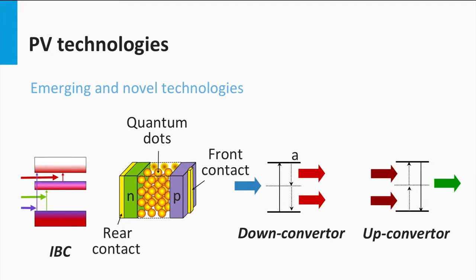You have to realize that most of these ideas still need to be proven. Some of these ideas are quantum dot solar cells, absorber layers exhibiting multiple exciton generation, intermediate bandgap solar cells, hot carrier solar cells, spectral conversion using down converters or up converters.